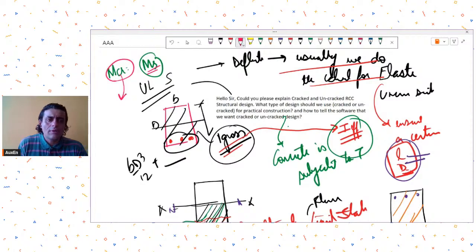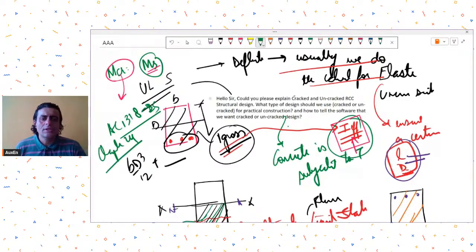Accordingly, you find the effective moment of inertia, and then this is used in your deflection calculations when you need to consider the I. For example, the American code gives you a proper step-by-step approach for this. If you look at ACI 318, I think chapter 24 gives you all these calculations on how to properly calculate the vertical deflection.